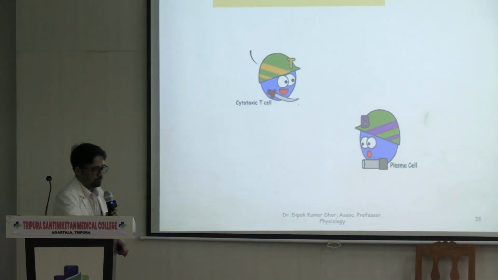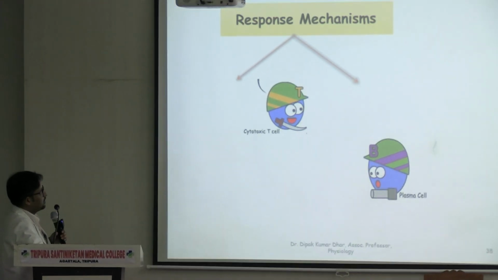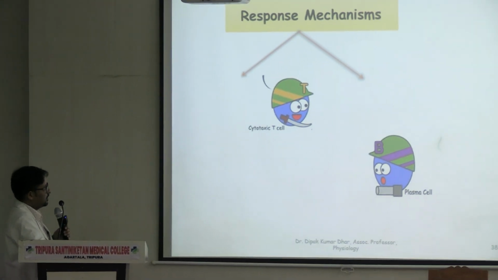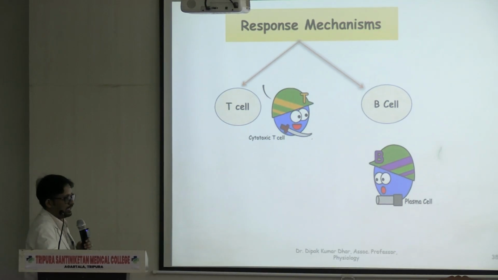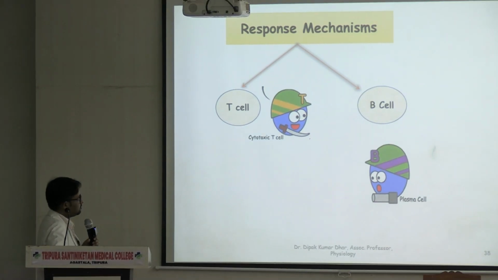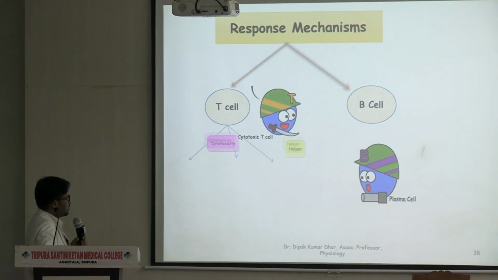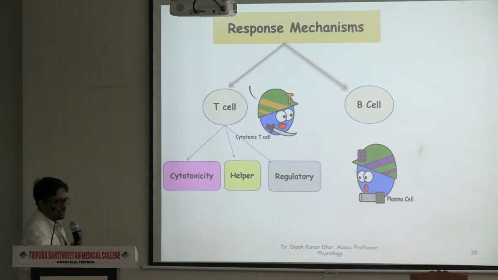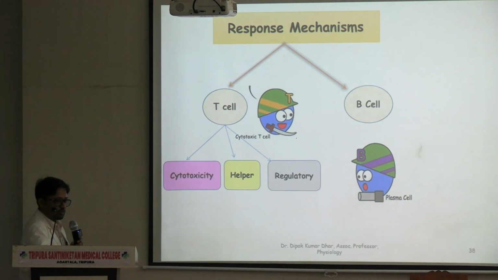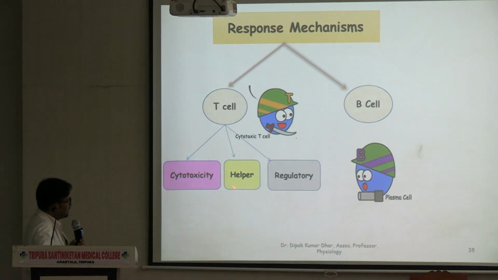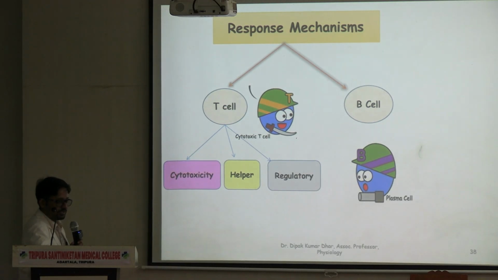Okay, so let us see what the mechanisms exactly are. The response mechanism we can differentiate into T cell and B cell response. T cell response we can further classify into cytotoxicity. When we talked about the cells, you got some idea: CD8 positive T cells, helper cells, Th1 and Th2, and regulatory cells.